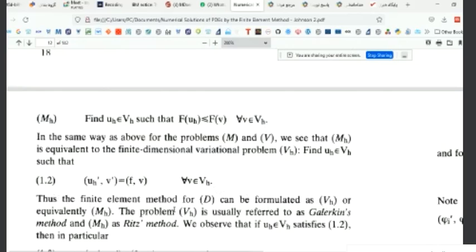So the finite element method for V can be formulated as Vh or equivalently Mh. The problem Vh is usually referred to as Galerkin's method, and Mh is referred to as Ritz's method.